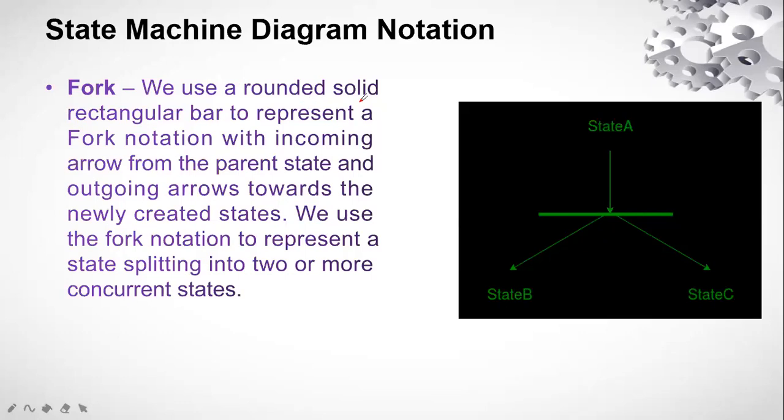We use a rounded solid rectangular bar to represent a fork notation with an incoming arrow from the parent state. This is the parent state, and outgoing arrows towards the newly created states. These are the newly created states, so the arrows are towards them. We use the fork notation to represent a state splitting into two or more concurrent states, right?